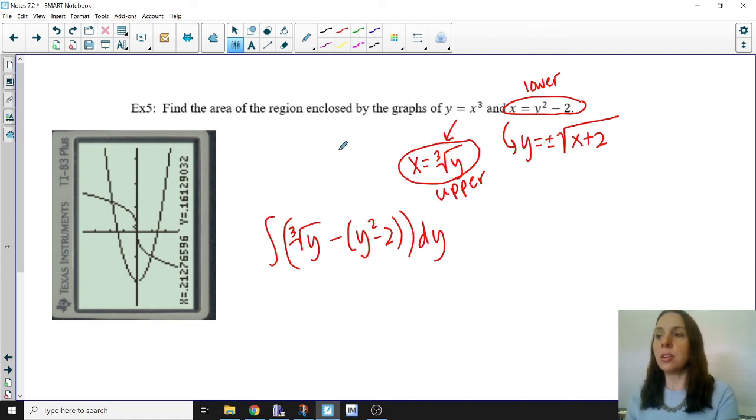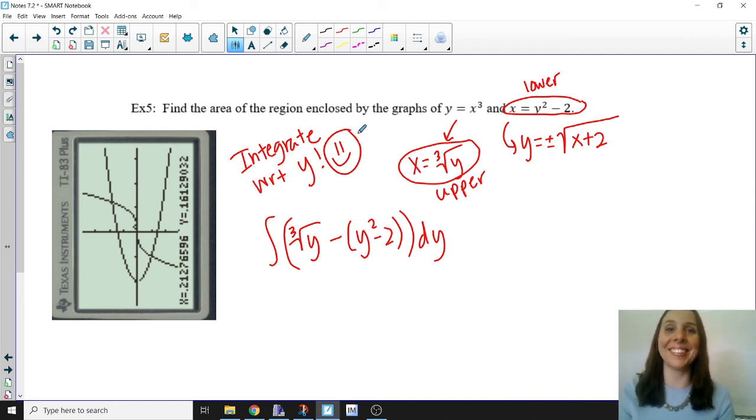And again, this is called integrating with respect to y. We're going to put a smiley face because this is extremely fun.